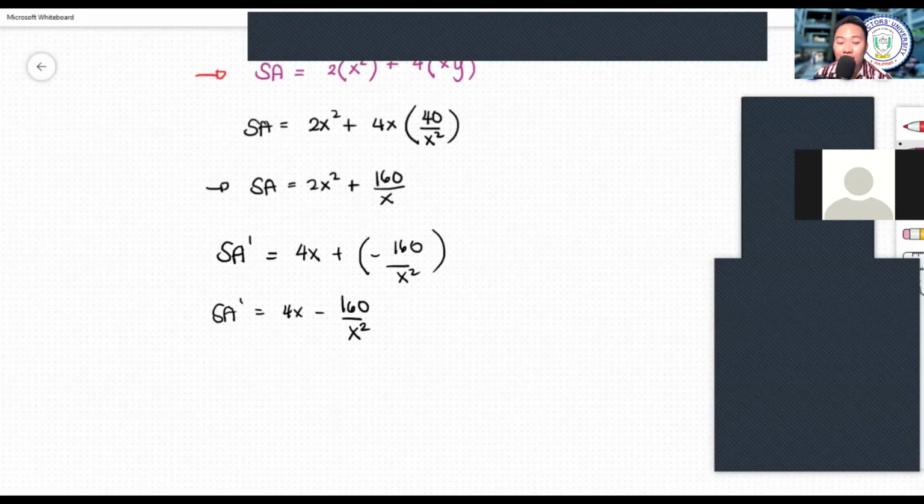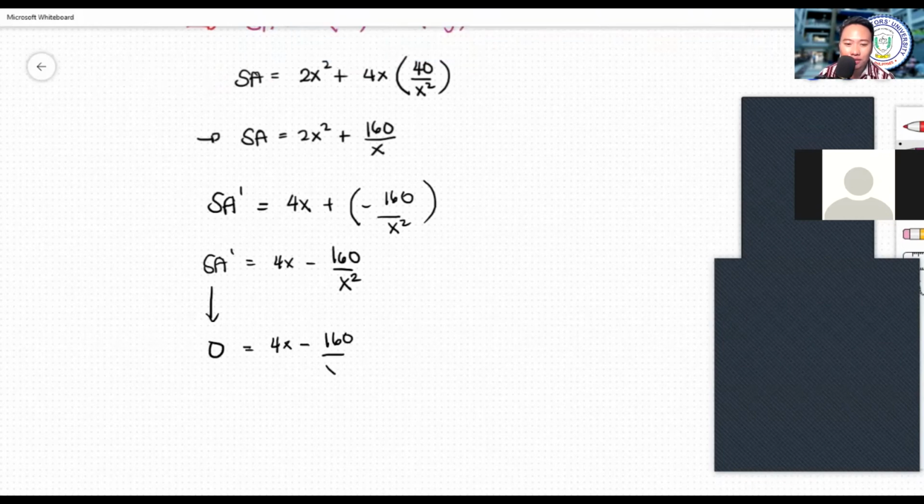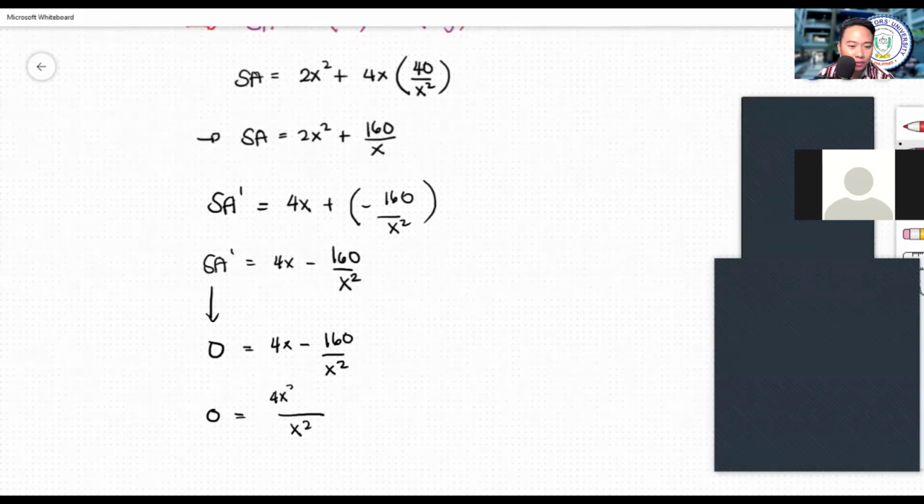Next, we're going to solve for the critical value. We change this into 0 and solve for the function. I'm going to combine these two: that's going to be x squared, 4x cubed minus 160.